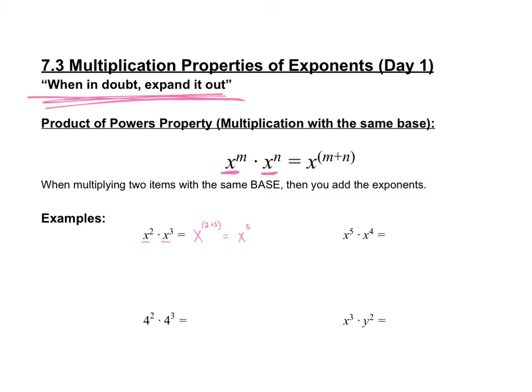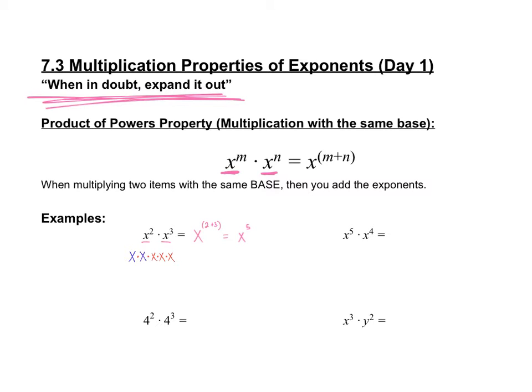But we don't want to just see what happens, we want to see why it happens. If I take that x squared and expand it out, it's x times x. Times x cubed expanded out, x times x times x. So you can see we have x times x times x times x times x.